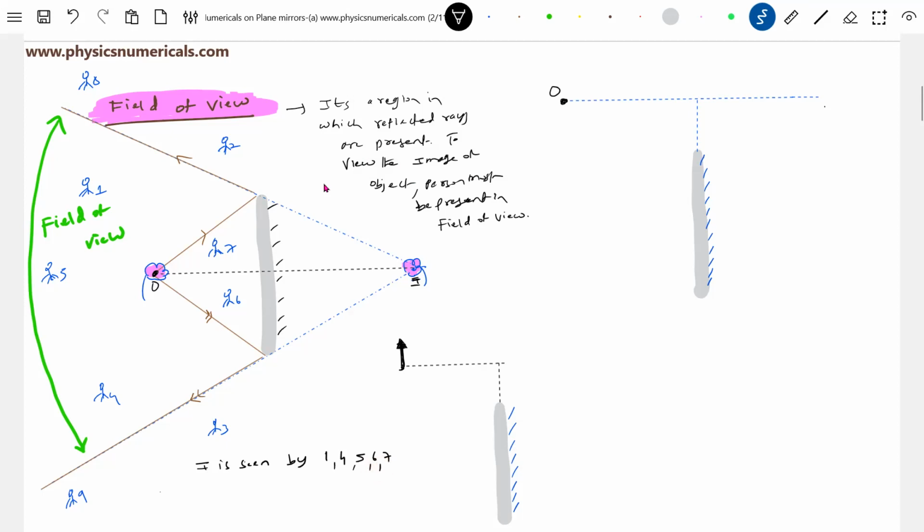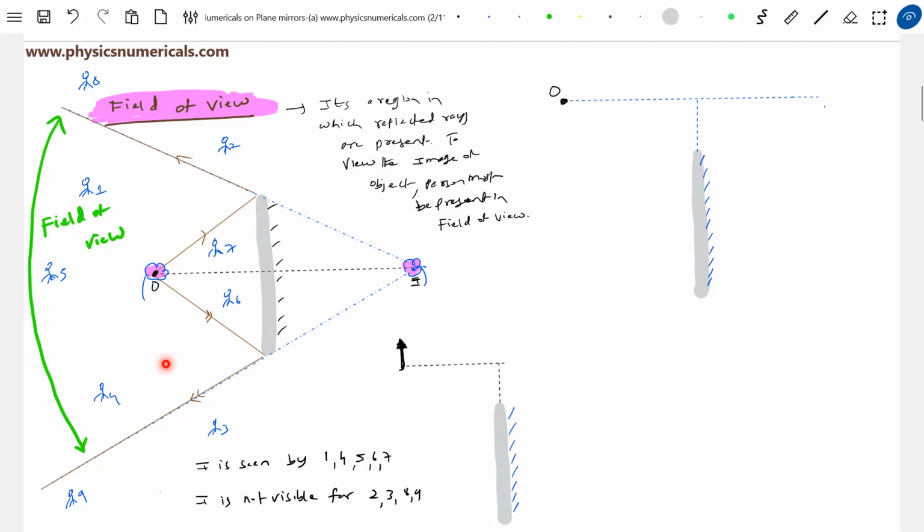These persons are able to see it. Image I is not visible for 2, 3, 8, 9. The reason is that the reflected rays will not enter into the eyes of persons 2, 3, 8, and 9. Hence, they're unable to see this image. So, what is the basic necessary condition? To visualize the image of an object, a person must be in the field of view. What is the field of view? It's a region which contains the reflected rays.